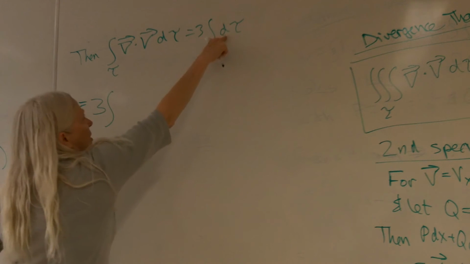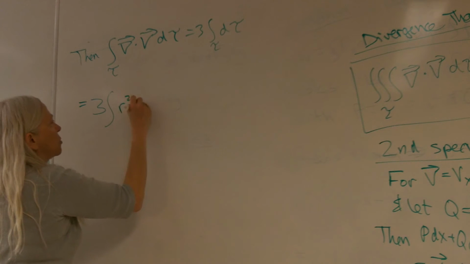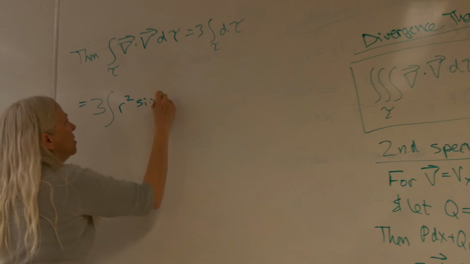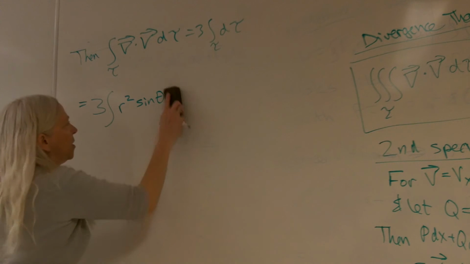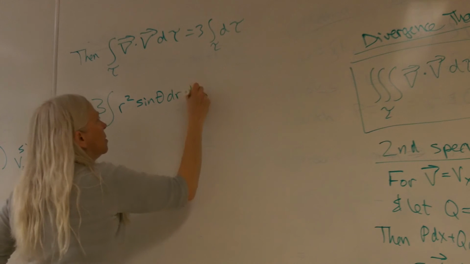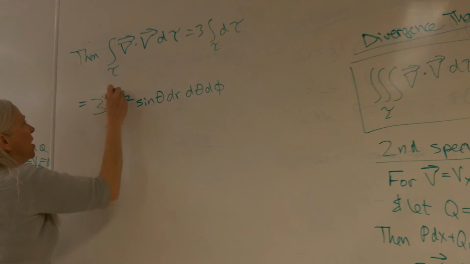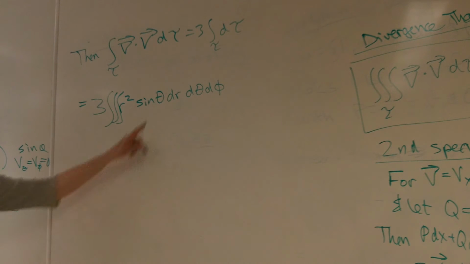In spherical coordinates, the volume element d tau, or dv as we called it earlier, is again r squared sine theta dr d theta d phi. At this point, we should put 3 integral signs because we are writing 3 d somethings.